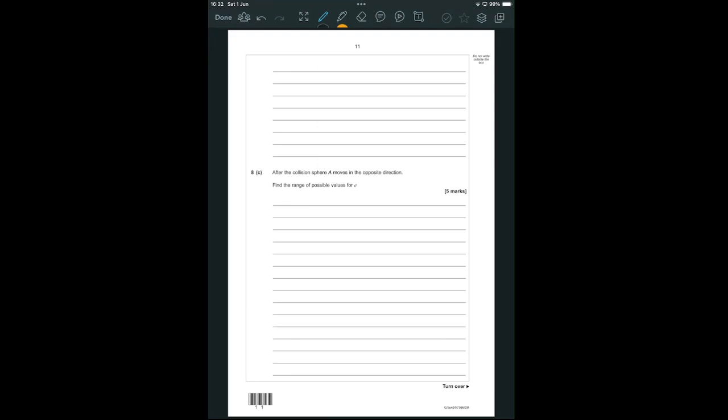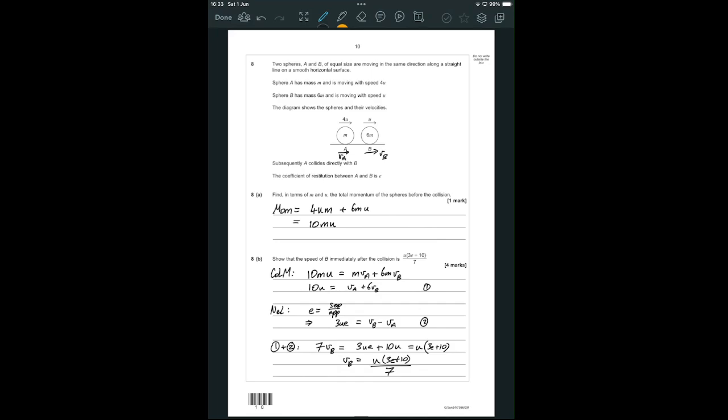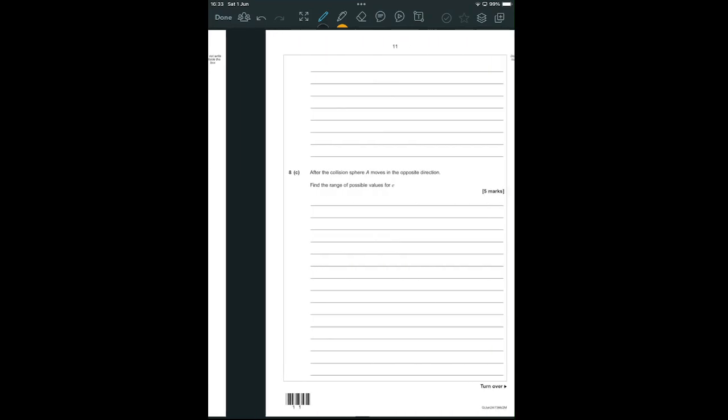So after the collision, va moves in the opposite direction. Now notice what I said already. I put the arrow going to the right, but now I've been told the arrow is going to the left. So when I work out my va, it's going to be the negative of it. I need to find the va first. I'm just debating whether to use equation 1 or equation 2 for that.